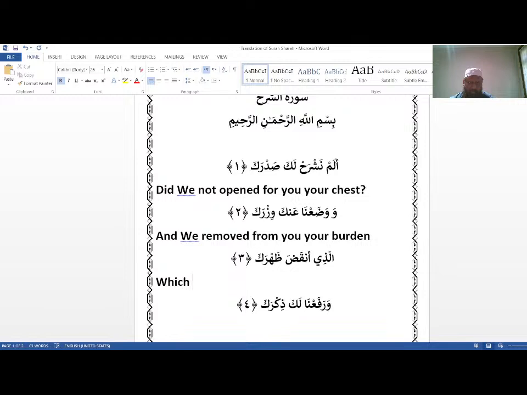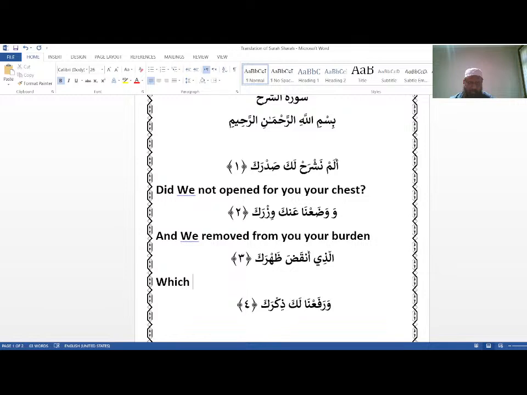Is this Hamza istifham? If it's Hamza istifham, then the verb will be Nun Qaf Dad, Naqada. Well, no, it is not Naqada, and this Hamza is not Hamzatul istifham. This Hamza is part of the verb Anqada.